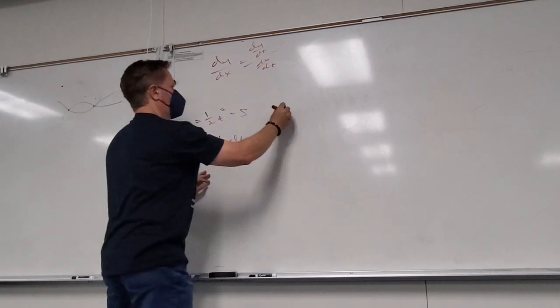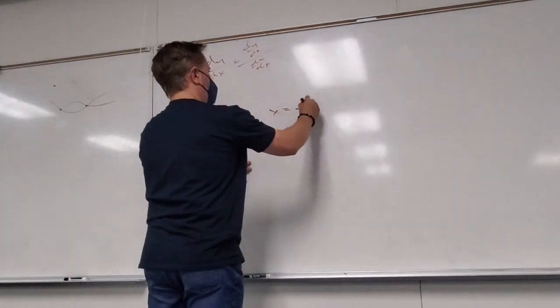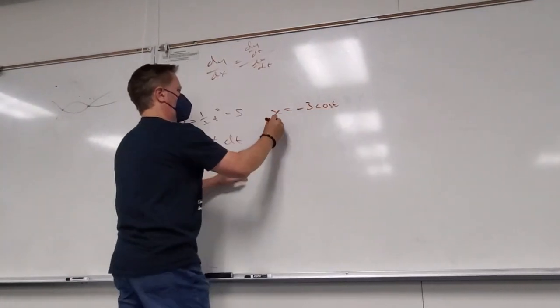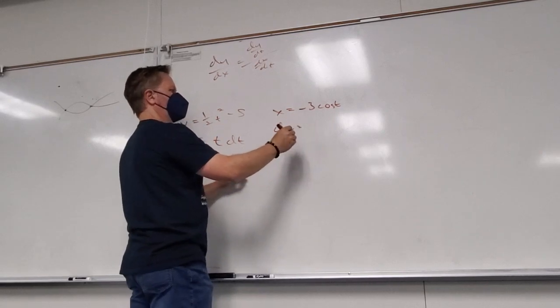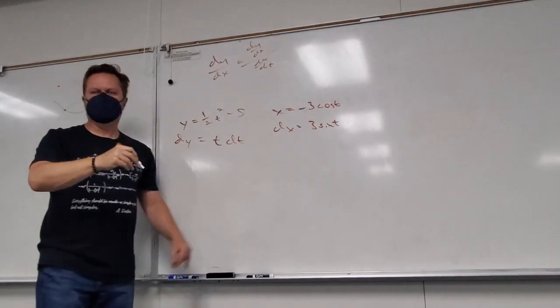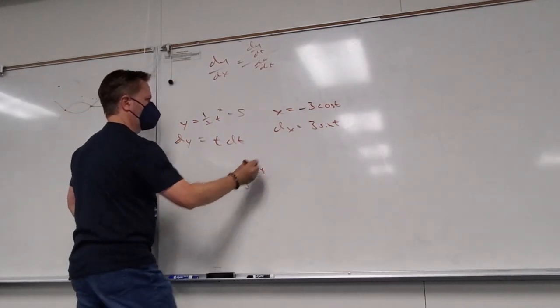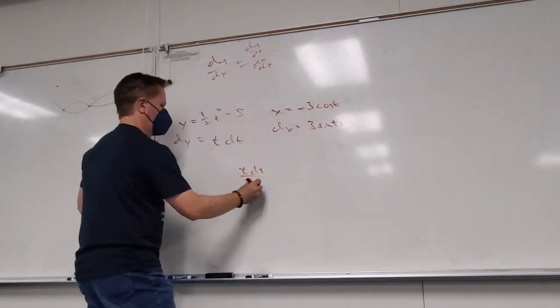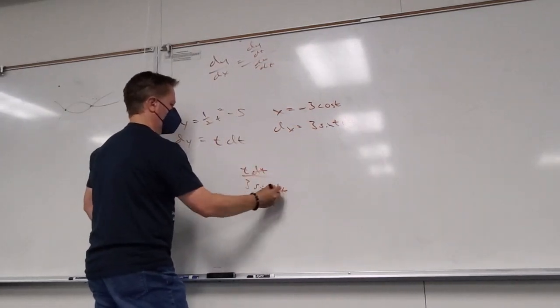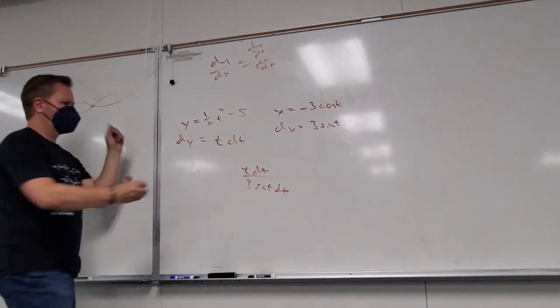And then x is something, negative 3 cosine t. So what's dx? 3 sine t dt. So then if I just do dy over dx, it'll be t dt over 3 sine t dt, the dt's cancel. So that's dy over dx.